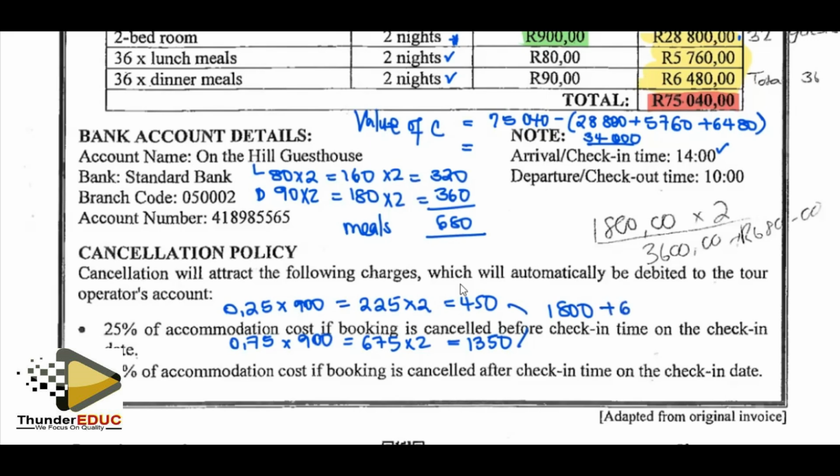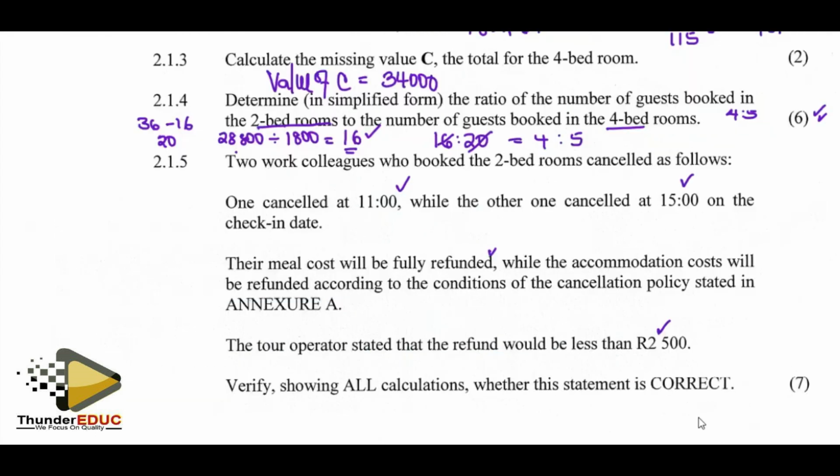We added the money for the meals. This is what we get. So the claim says it will be less than, indeed, because we've got the money as this.